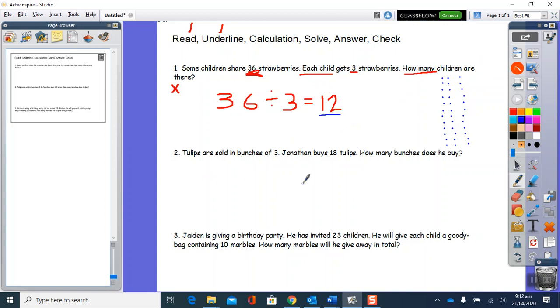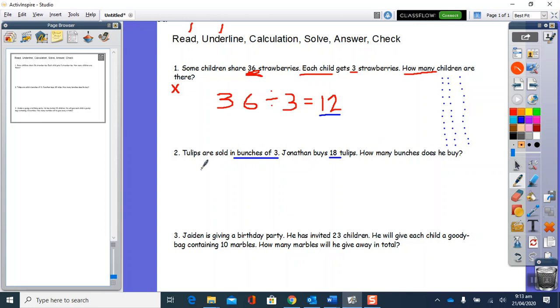Now, this says tulips are sold in bunches of 3. Jonathan buys 18 tulips. How many bunches does he buy? I've read it, now I'm going to underline. I know that his total altogether was 18 tulips. I know that tulips are sold in bunches of 3, so that means 3 tulips per bunch.